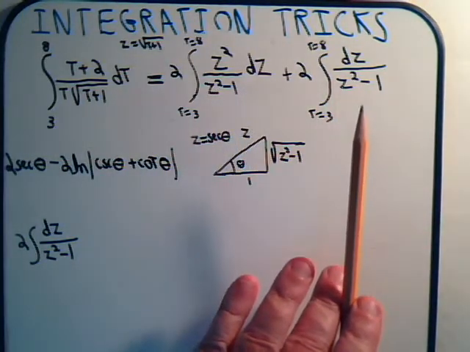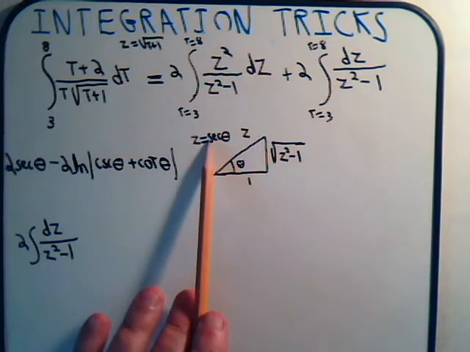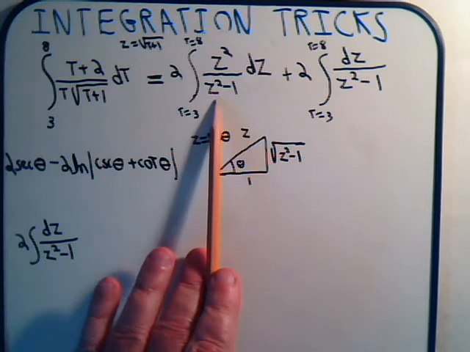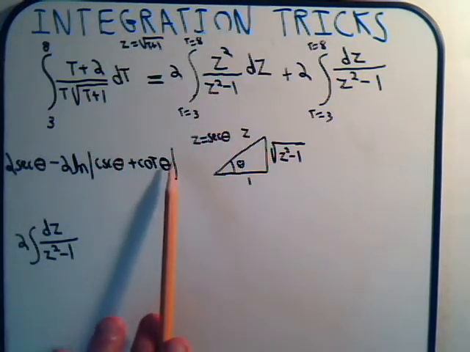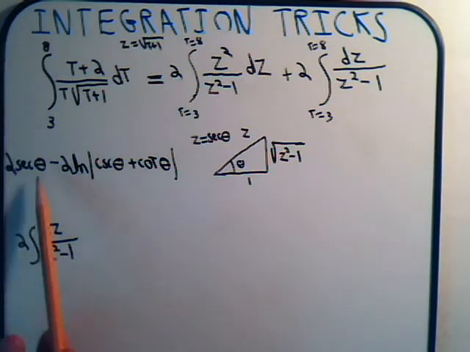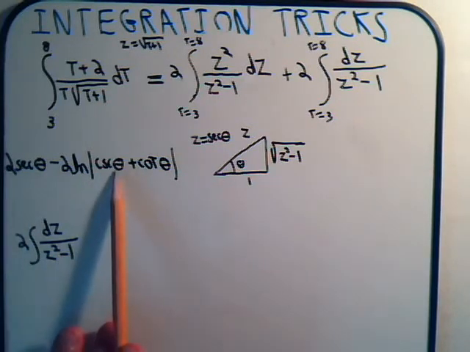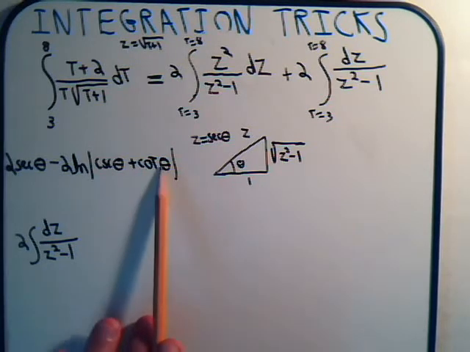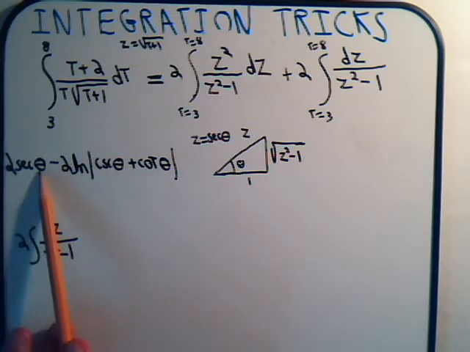And making the substitution z equals the secant of theta, this turned into a trig integral that we evaluated, and we got this expression. And here we have secant theta, cosecant theta, cotangent of theta, and we have to get this expressed now in terms of z.